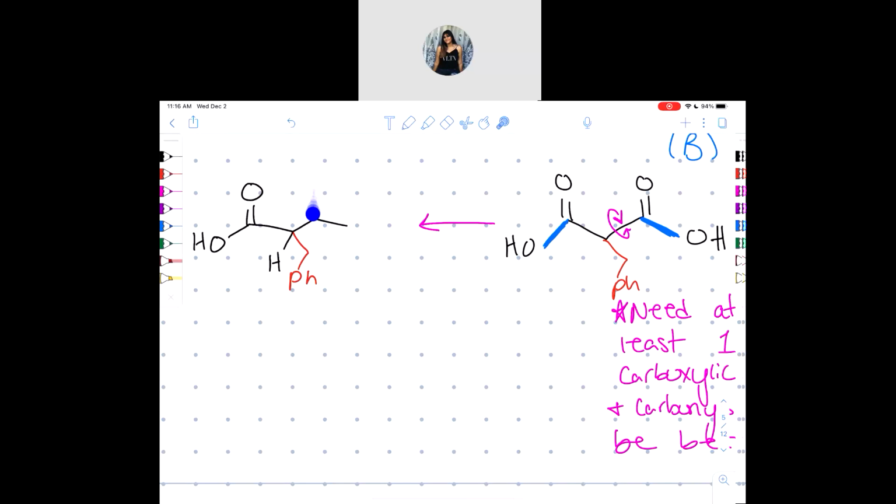When I rotate this bond, what will be pointing up and what will be pointing down? The OH will go up, exactly. So what has to be pointing down? The carbonyl. Awesome. Okay, cool.